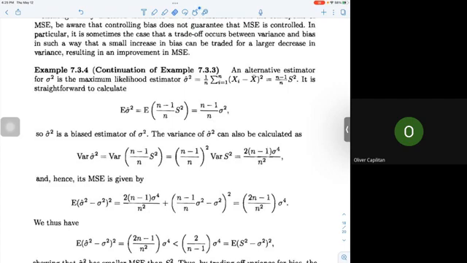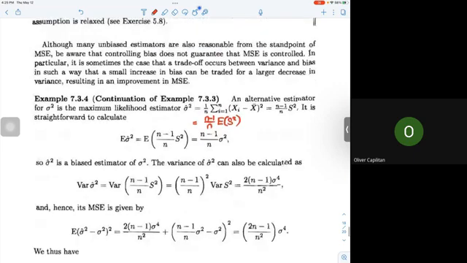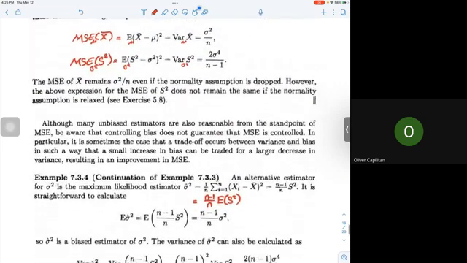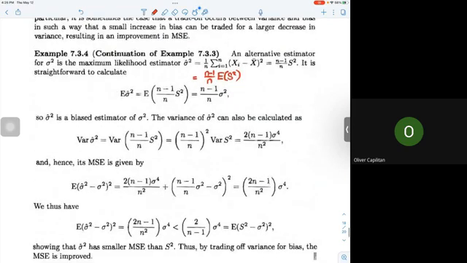Okay, it is straightforward because this is equal to, so by n, we have here the expectation of S square. Then from above, the expectation of S square is equal to sigma square. The mean of S square is sigma square. So we have that.